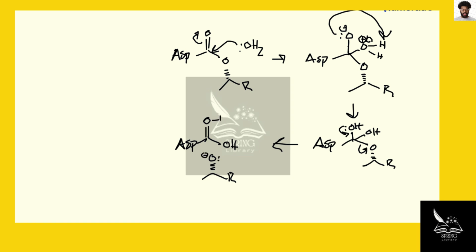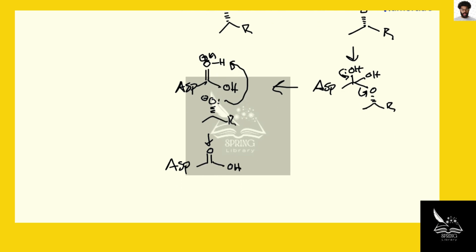And if we want, we could show a final proton transfer step to the actual substrate from the, I guess, acylium cation here. Finally, restoring the aspartate and giving us our then neutral substrate.